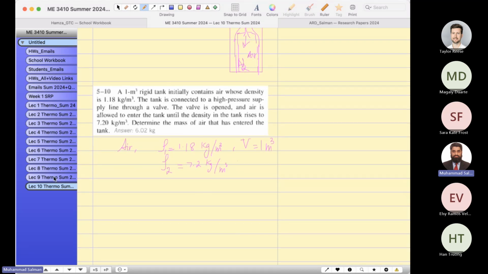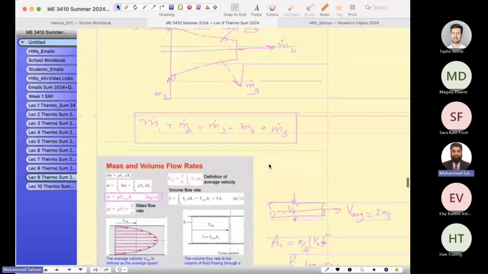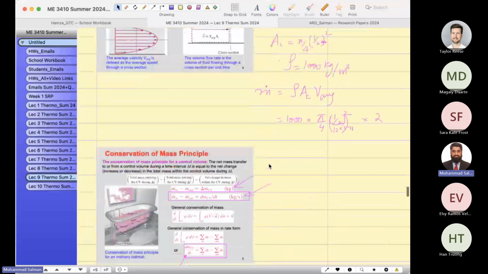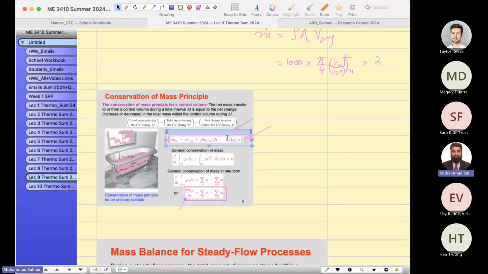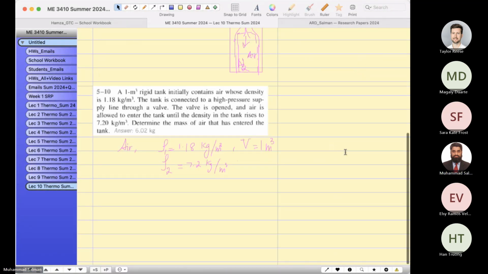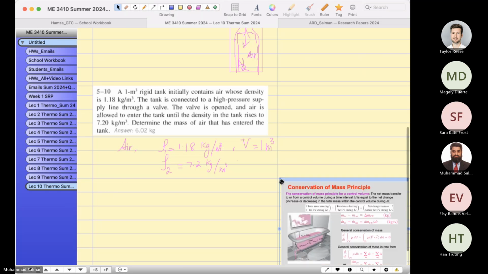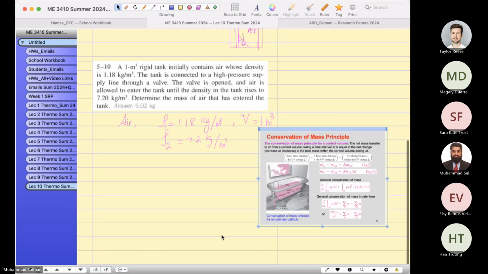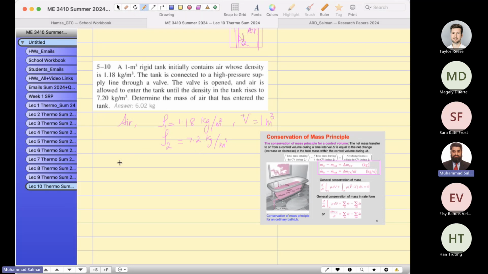If I go back to this slide, you guys try to understand this unsteady continuity mass equation. This slide is important. So let us use the first equation.